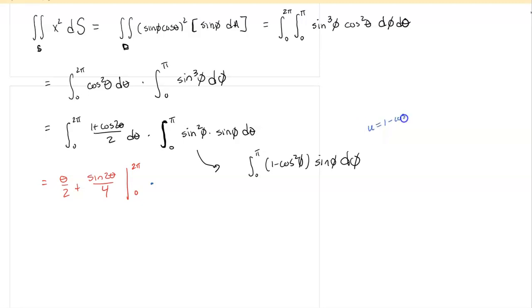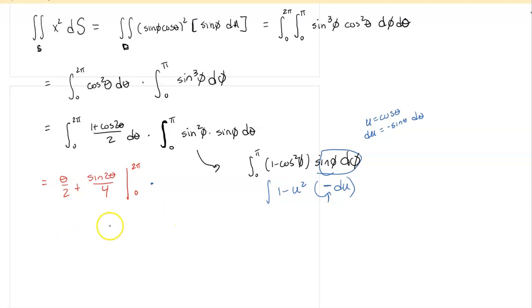U would be your 1 minus cosine squared. I'm sorry, no, that's not right. U is actually equal to cosine, so du equals negative sine phi d phi. So we can replace this with negative du, and then we have our integral of 1 minus u squared, and we just have to do the opposite right there.